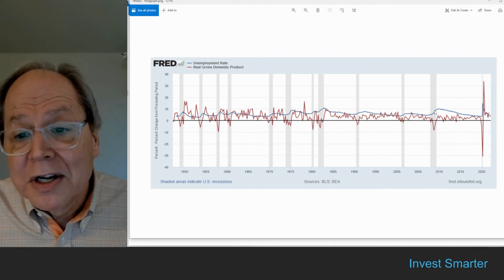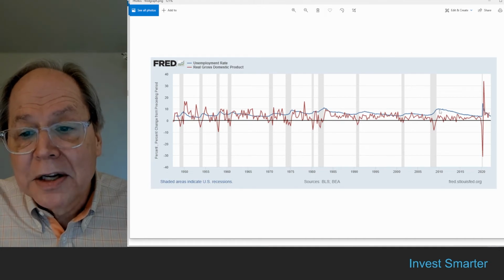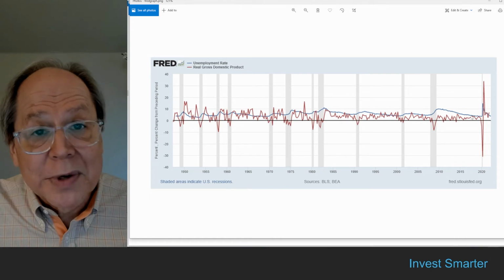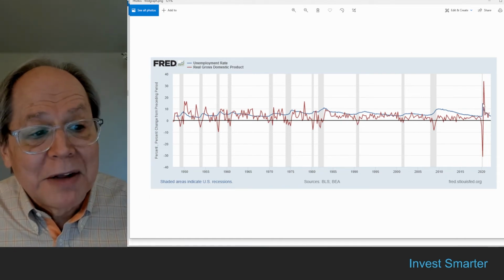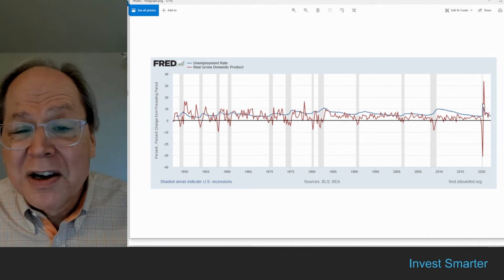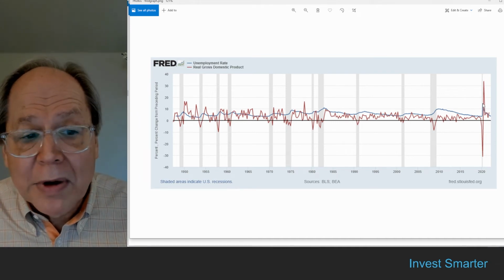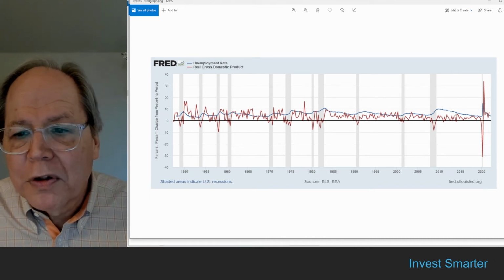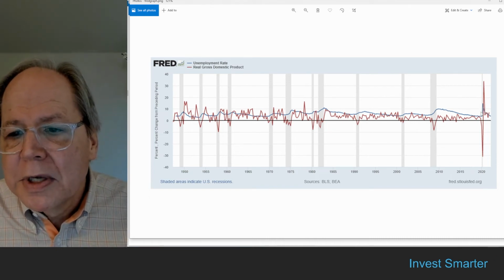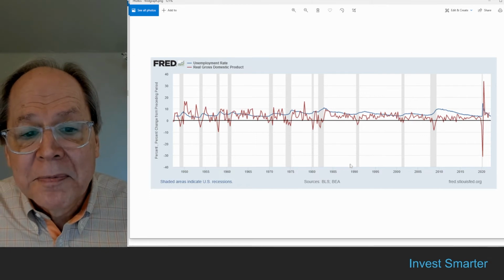It jumped dramatically, went up to 10%, and then gradually declined. More recently, during the pandemic, it went straight up, to about a 15% unemployment rate, which is unheard of. It never got to that level through all this history, but it also came back fairly quickly.